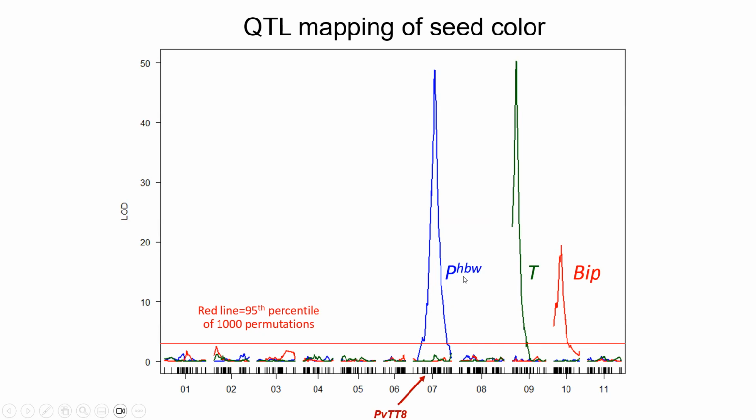And yet there are several partial loss of function mutations, and whatever would be responsible for them has not been identified. So we found that this was mapping to PT8, and I'll get back to that a little bit more. We found this gene called TTG1 on chromosome 9 that's maybe responsible for T, and then this third gene, MYC1, was mapping to BIP, all very highly significant.